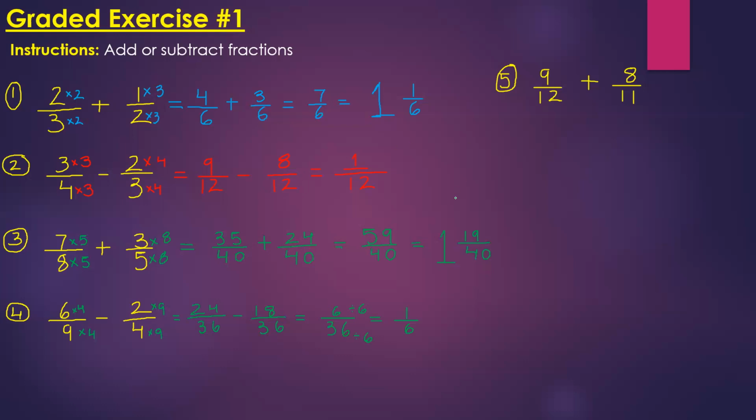Jevin. Jevin, what do we have? For number 5, first you find the LCM of 12 and 11. Very good.